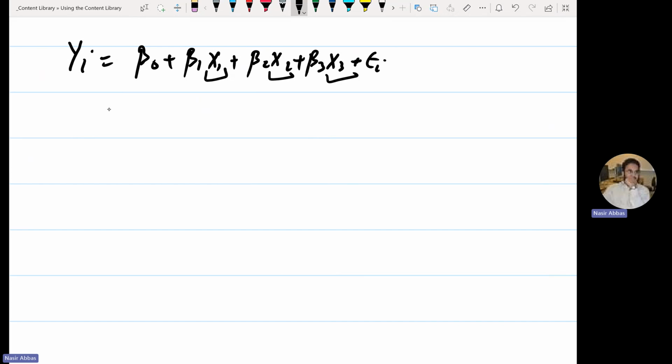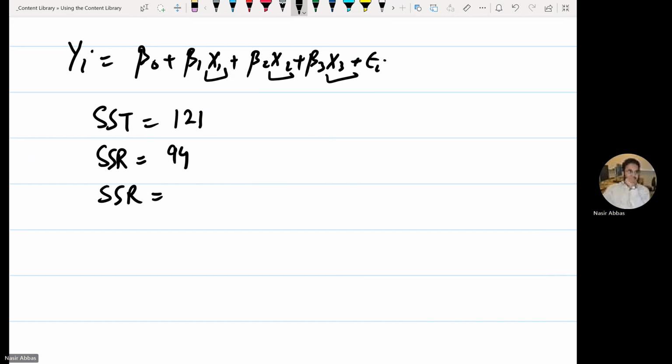And from that ANOVA table, the total variation in Y, let's say it was 121. The variation explained by my regression was, let us say, 91. And the variation which was not explained by my regression is 121 minus 91, which is 30.